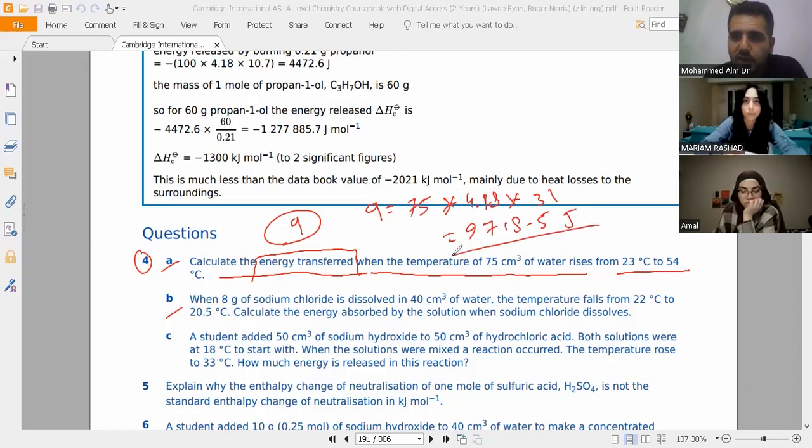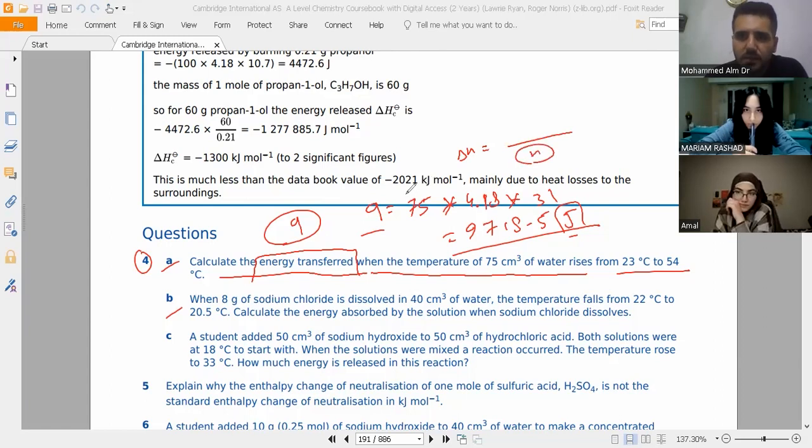The unit here is always joule. You have to see in the question what the required unit is. If they don't talk about the unit, just the Q, leave it in joule. If they want kilojoule, just divide by 1000. We can't find delta H here, because I don't have any idea about the number of moles, so it will be difficult to find delta H.